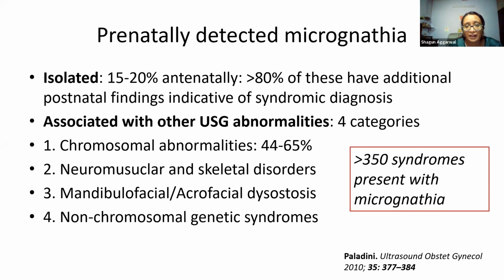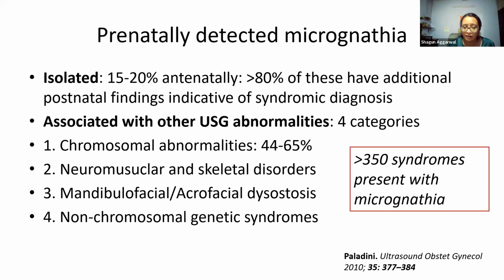So micrognathia is most often not a normal finding. Unlike orofacial cleft, where 70% were non-syndromic with a good outcome, with micrognathia you should be more wary that this is likely to be a poorer prognosis. So I would like all of you to go through this wonderful paper.